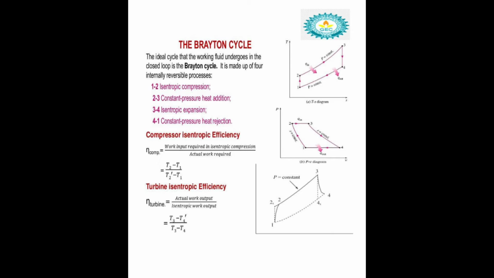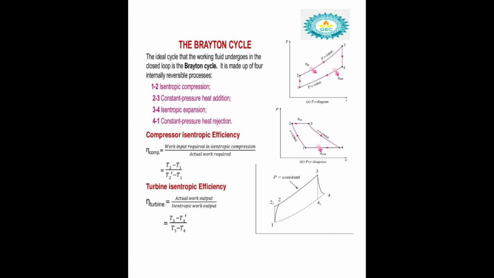Let us discuss the four processes. First, 1 to 2 is isentropic compression. In this process, the air is compressed isentropically and pressure is increased from P1 to P2. Temperature also increased from T1 to T2.